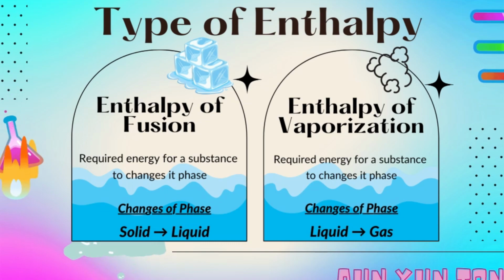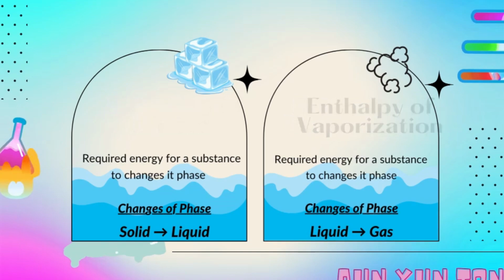The first type, the enthalpy of fusion, is the energy required for a substance to change phase from its original solid state to the liquid state. The second type, the enthalpy of vaporization, is the energy required for a substance to change phase from its liquid state to the gas state.